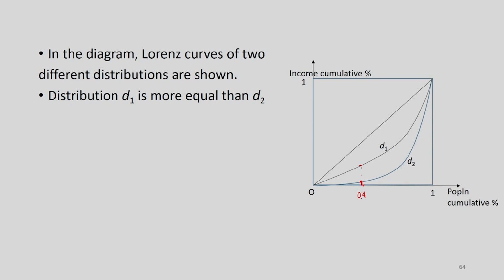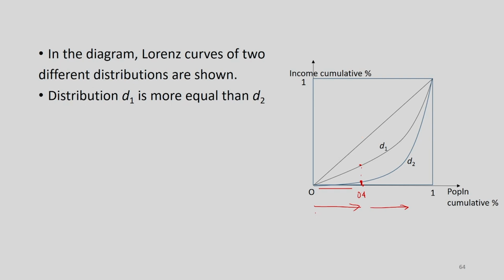Bottom 40%, because from here the poorest people are starting and we are going to the right and encountering richer and richer people. So, in this group the poorest 40% of the population are counted. What is their share of income? In D2 it is just this much, maybe 0.05, that is 5%. Here it is a little bit higher, maybe close to 0.2, that is 20% of the income.